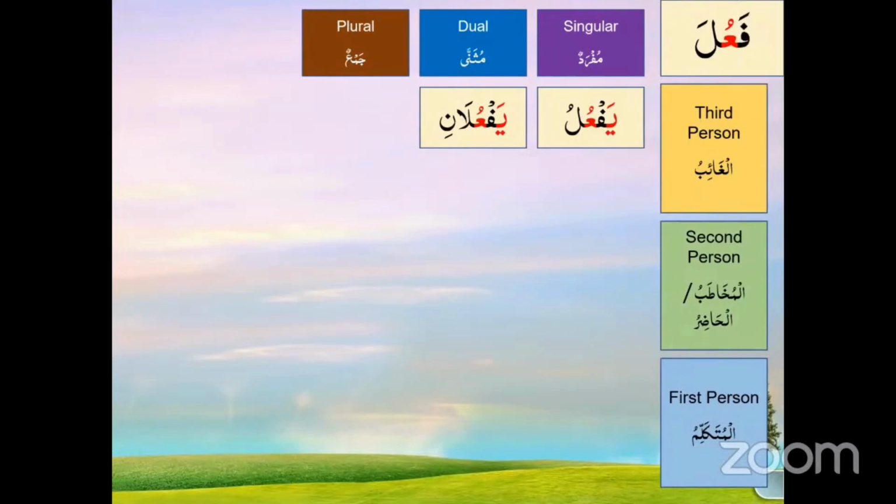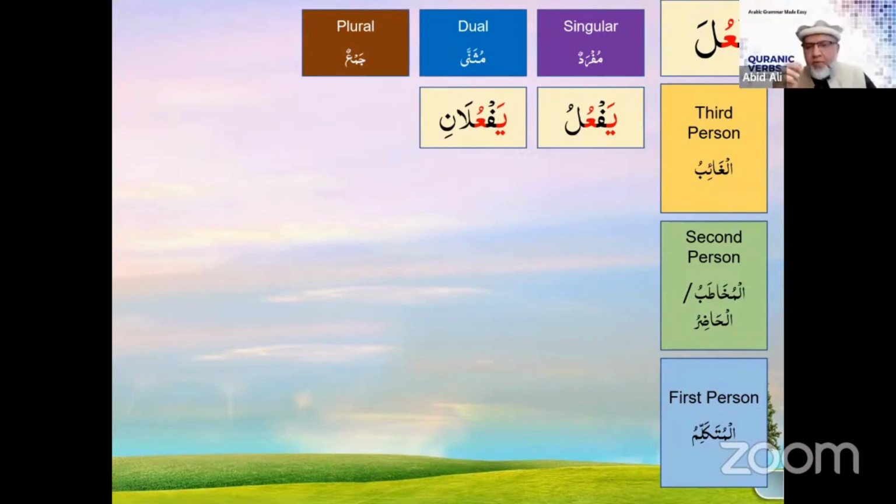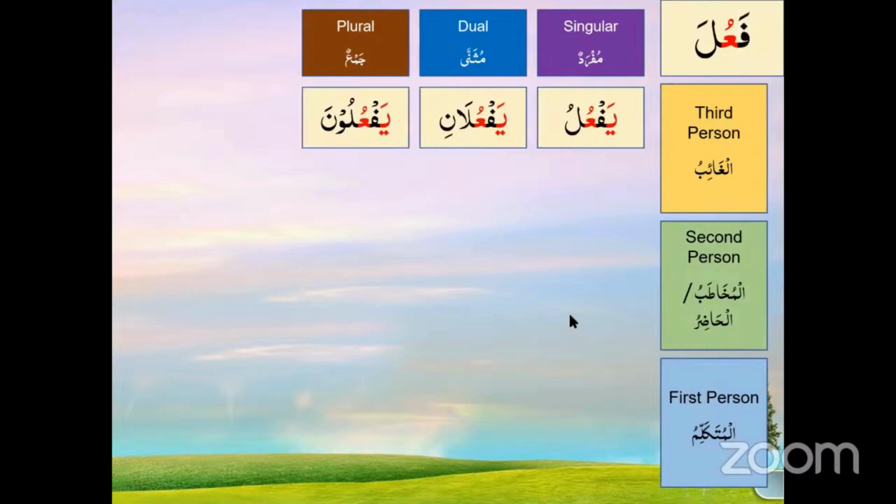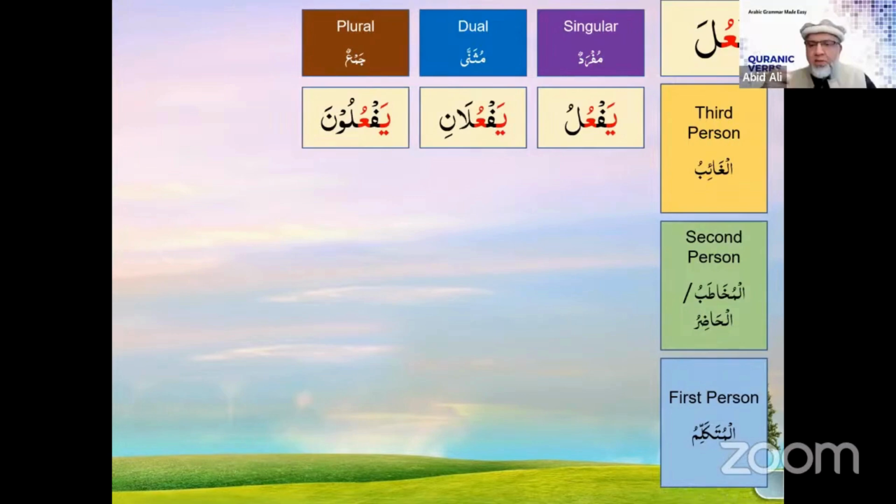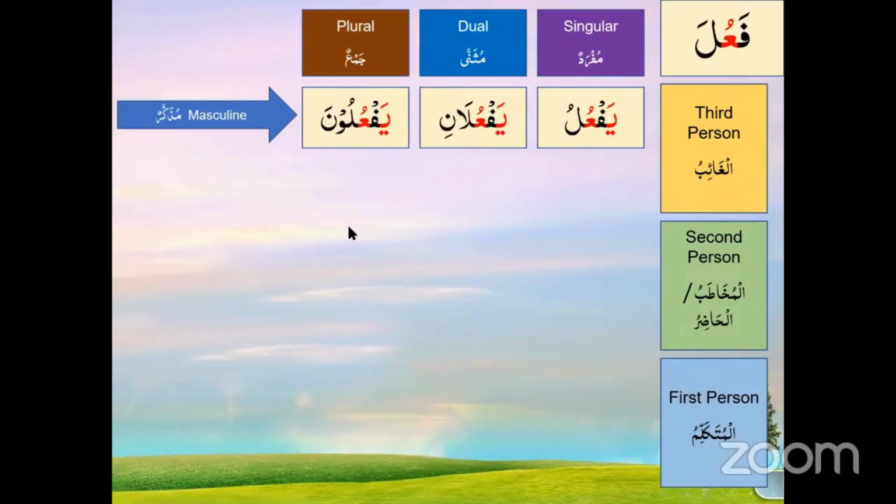Okay. Yaf'ulani will be for two people, the ani sound. Yaf'ulani. And then Yaf'aluna, for the plural. Now, Brother Abid, we see this word in the Quran too, Yaf'aluna.